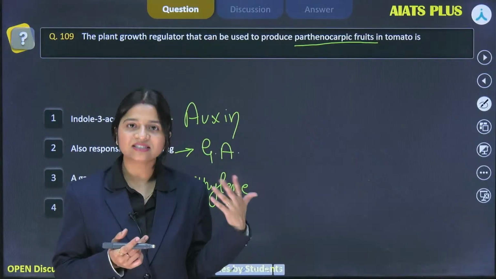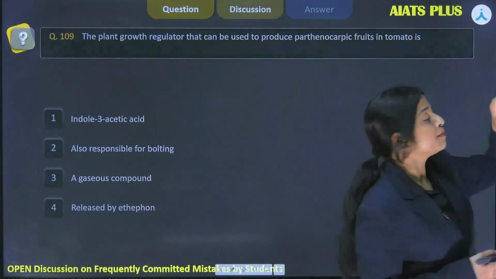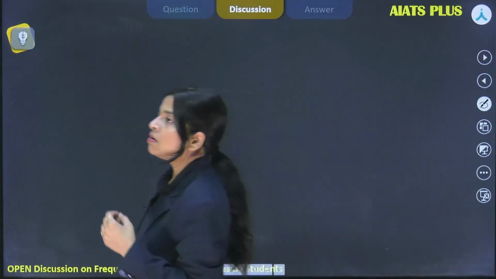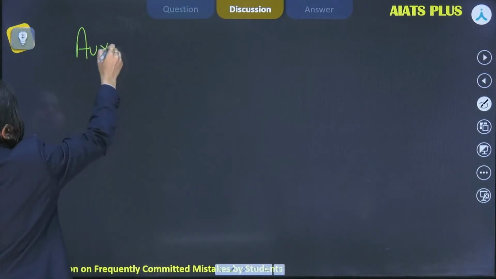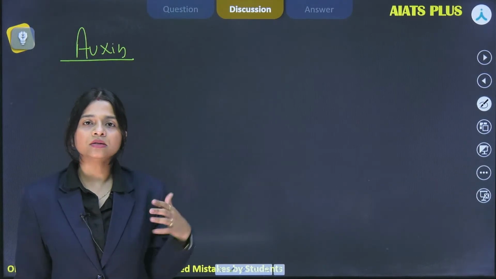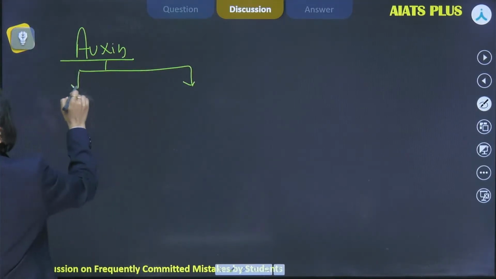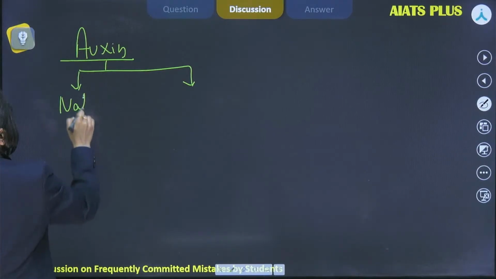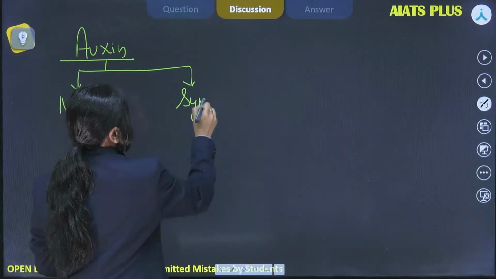We have to discuss the related concept also, right. So what are the other functions that are performed by auxin? Now auxin is the hormone present in both forms, that is the natural one as well as the synthetic one.